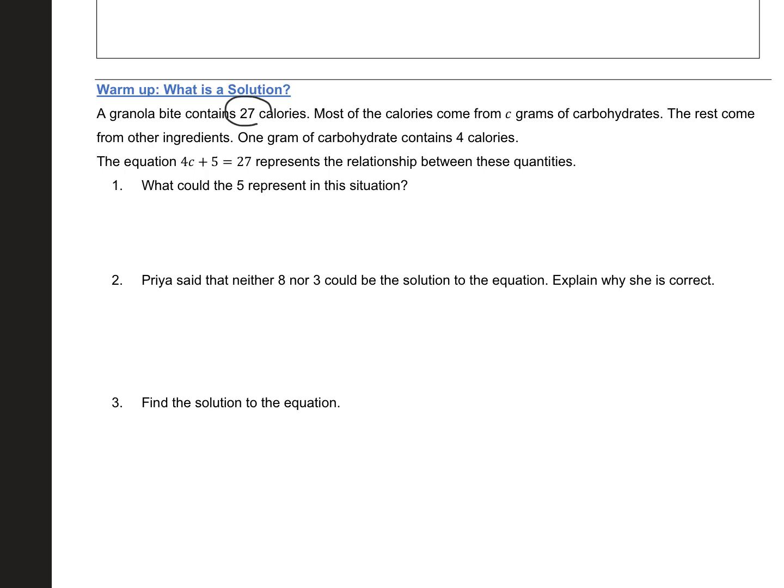So 27 calories, that's our total that we have right here. Okay, so 27 is our total calories. Then we have most of the calories come from C grams of carbohydrates. So we can see that our variable is right there.